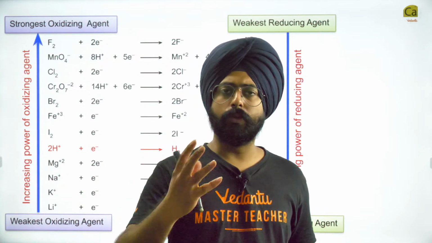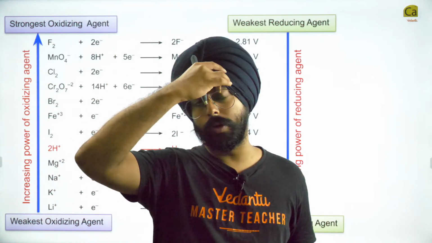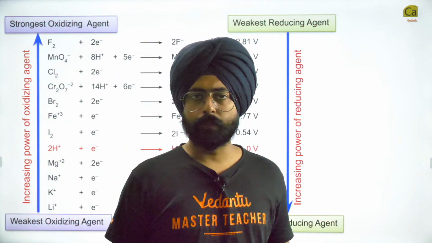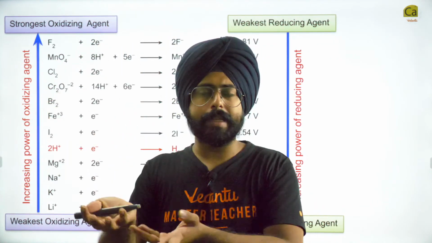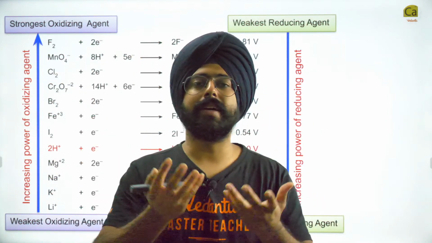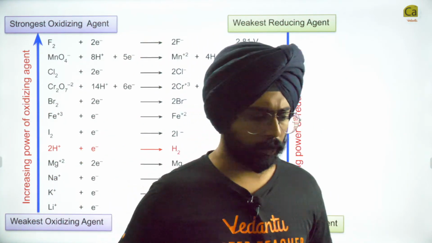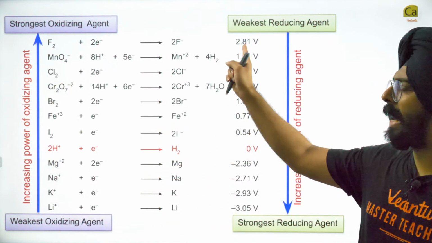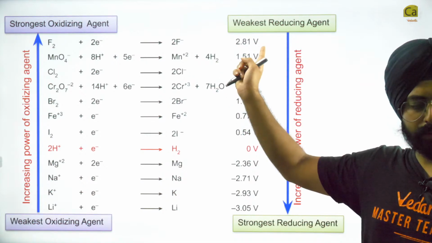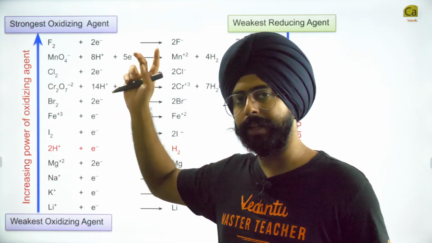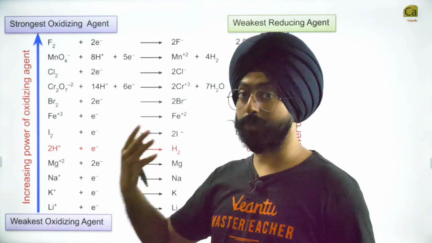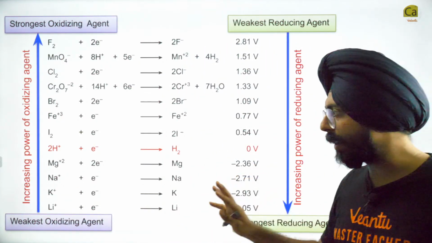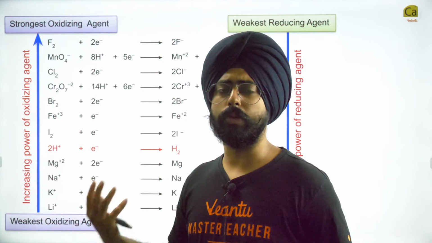Now, as you know, these half reactions can't happen on their own, but we want to compare these half reactions with each other so that we can figure out whether the total reaction can happen or not, whether we can make a cell or not. So what we do is we make the electrochemical series. Higher value of EMF or higher value of voltage over here implies that this reaction wants to happen very easily.